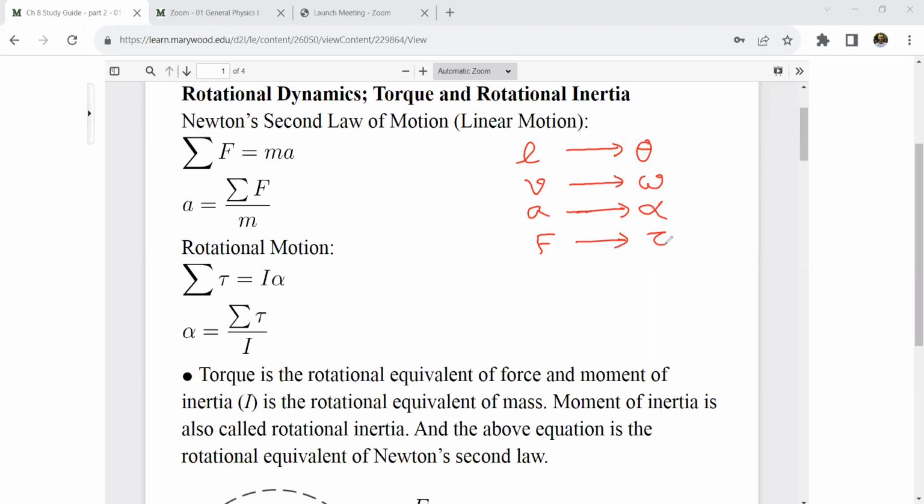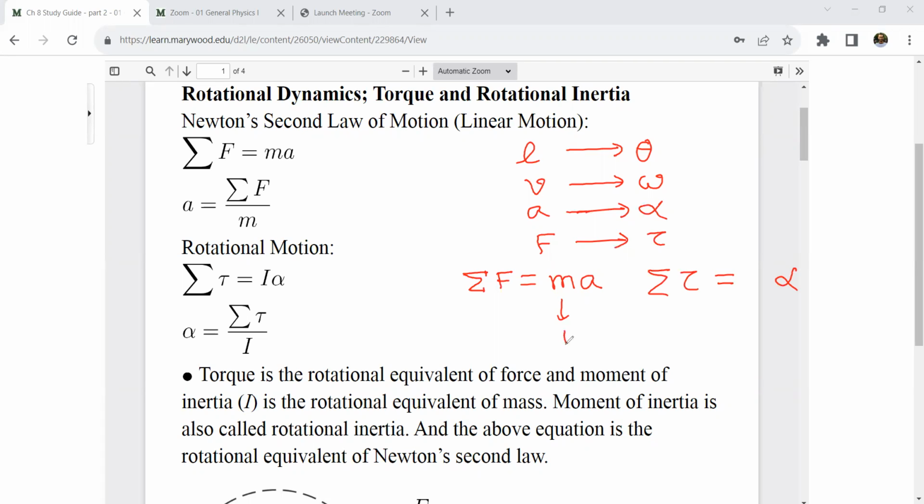Now here we are going to learn that similar to the Newton's second law we already learned earlier, F equal to ma, we can write a rotational equivalent of Newton's second law. So F is replaced by tau, a is replaced by alpha. Now we need something for the rotational equivalent of m.